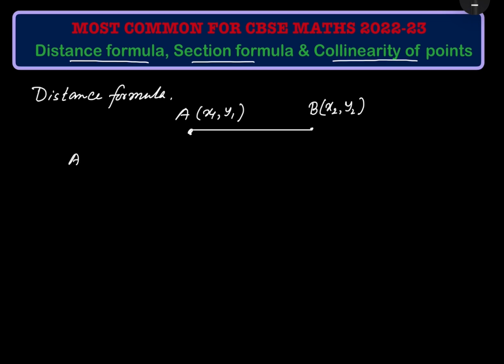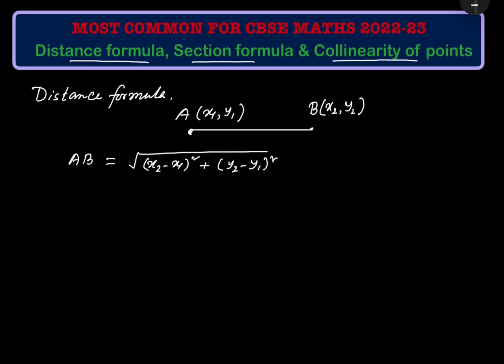So AB distance will be under root x2 minus x1 whole square plus y2 minus y1 whole square. This is called distance between A and B, that is distance AB.